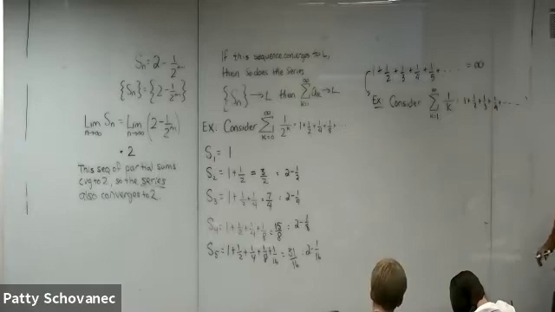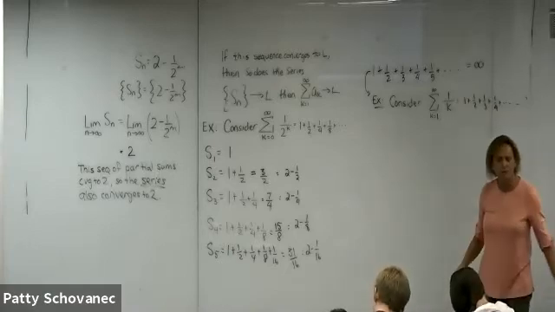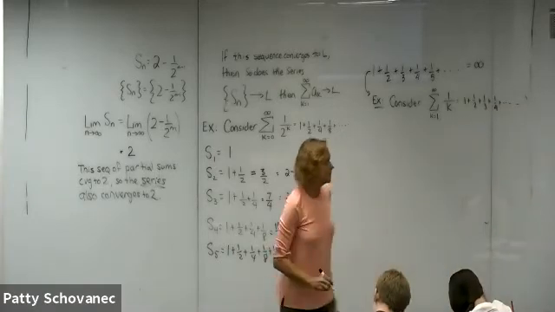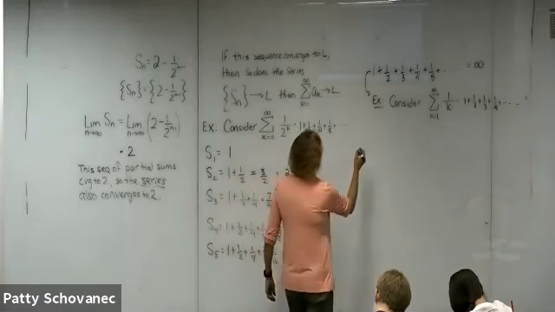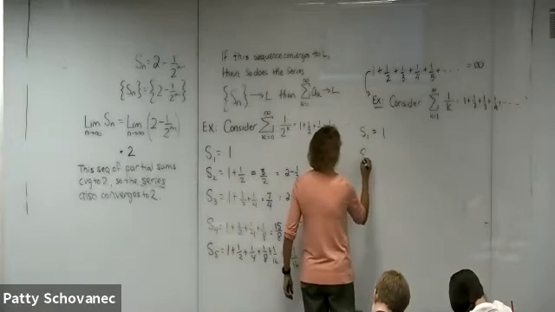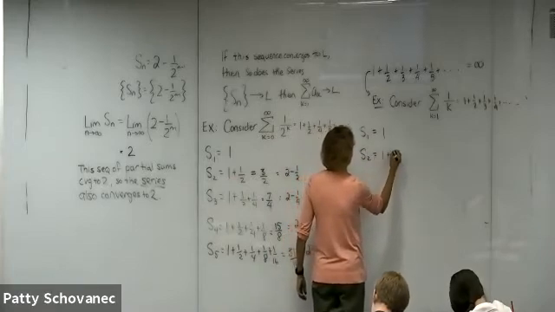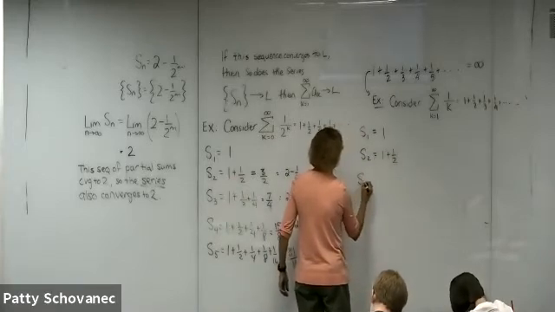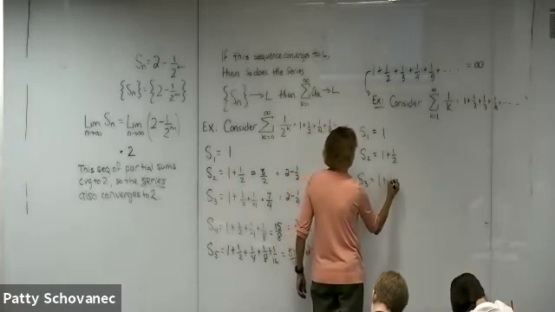Let's construct the sequence of partial sums here and see if a formula falls in our face. So S1 is just the first term. S2 is the sum of the first 2. S3 is the sum of the first 3.